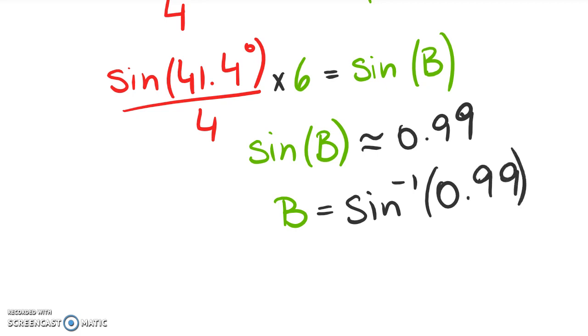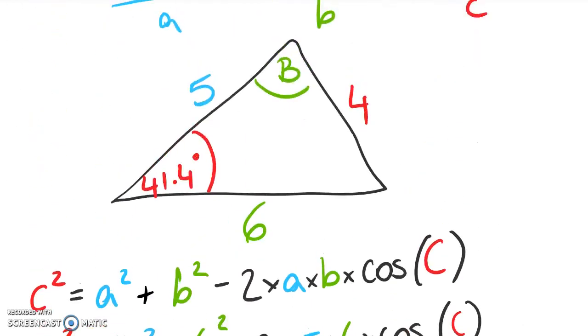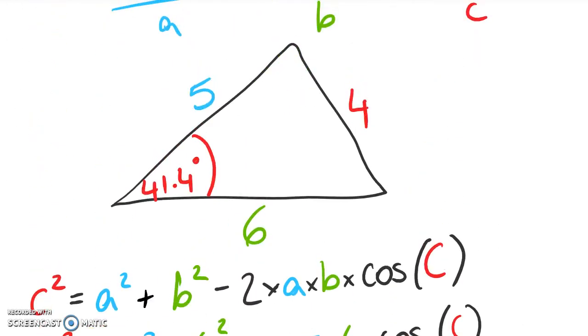And making sure our calculator is in the degrees setting, we plug that in and we find that B is approximately equal to 81.9 degrees. So let's go back and write that on our diagram as well. So instead of B, we know we have 81.9 degrees.